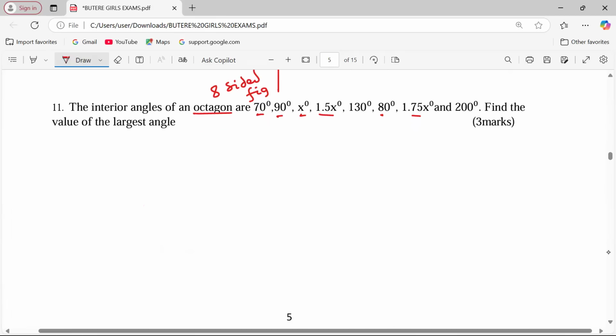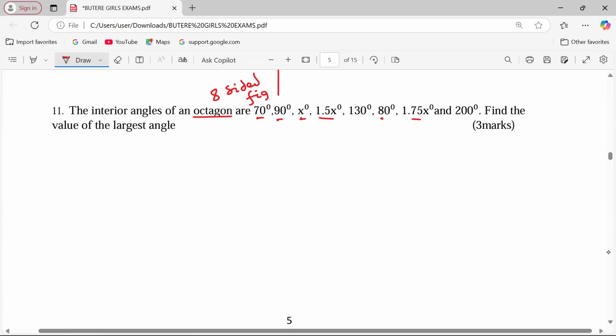We're supposed to know that when the interior angles of a given polygon, regular or irregular, are added, they should give us a certain number of degrees. So the sum of interior angles should be 180 into n minus 2, whereby n is the number of sides. So we are talking about 180 into 8 minus 2. When we take 180 multiplied by 6, we get 1080.